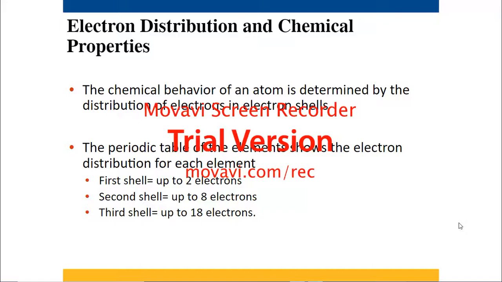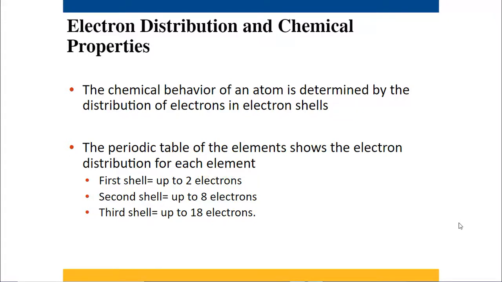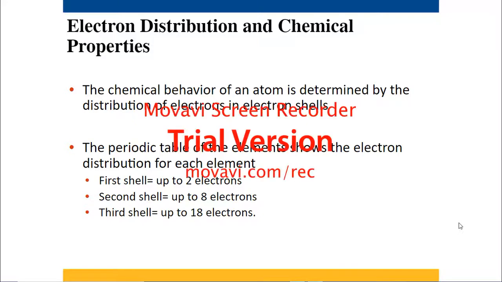Sometimes that means taking an electron from another element, sometimes giving an electron away, and sometimes sharing electrons. There are different ways that elements do this, but the take-home message is that the reason they're doing this is to achieve the most stable energy level.